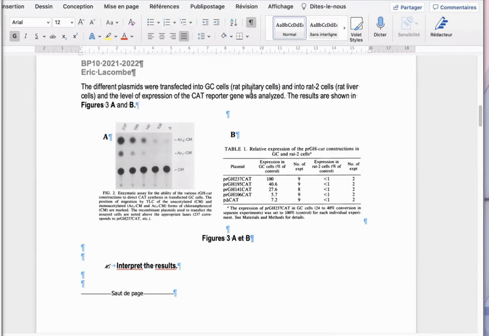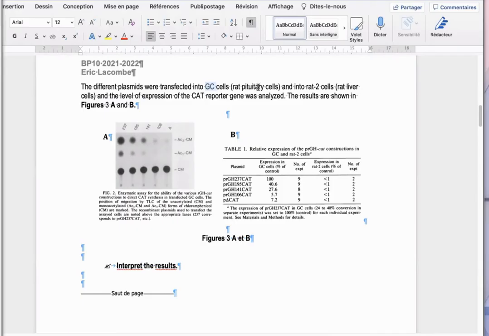They quantify the CAT activity in two different cell types. They use GC cells, which are cells from rat pituitary that are in culture. So this is cell specific.